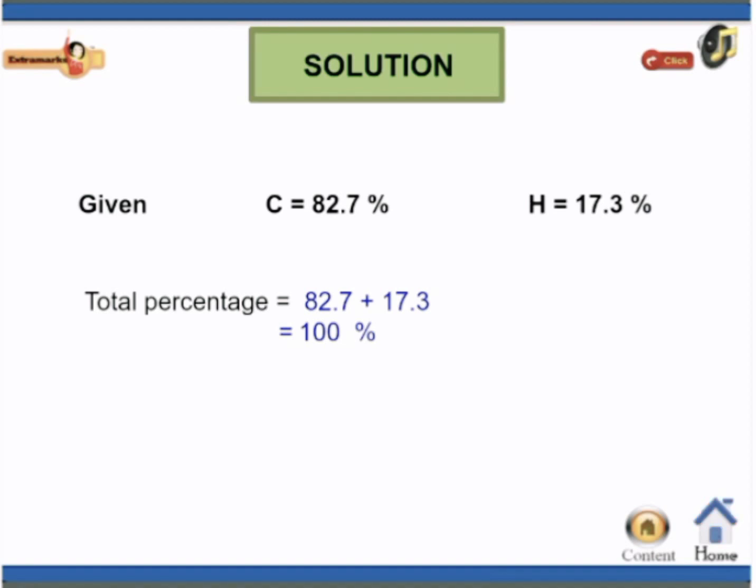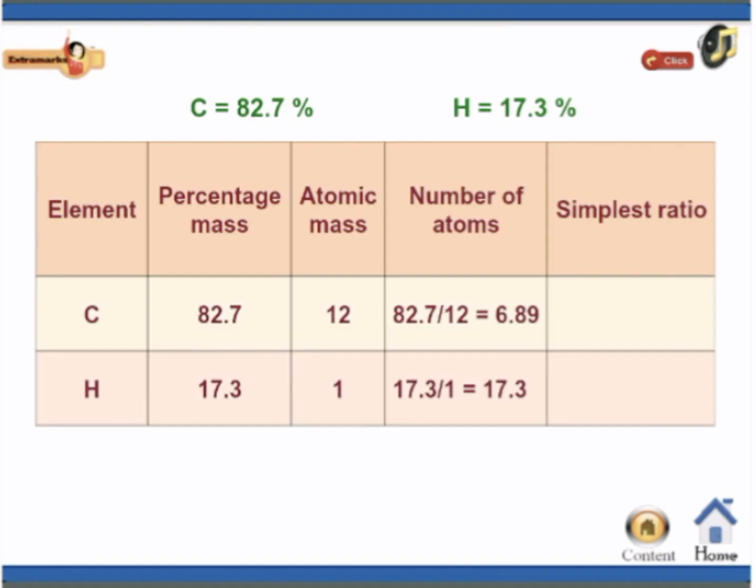The total percentage of the compound is 100. Now, to get the empirical formula, write the symbol of the elements present followed by the numbers obtained as the simplest ratio on the right-hand side as subscripts.